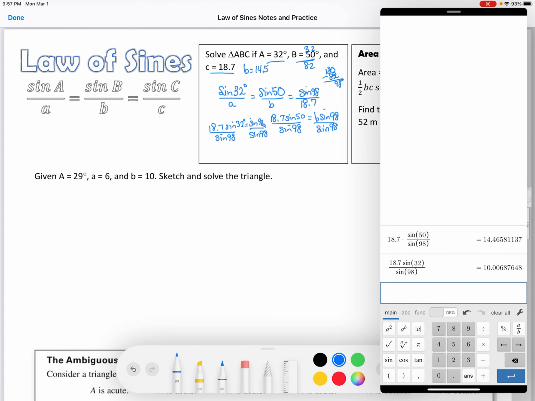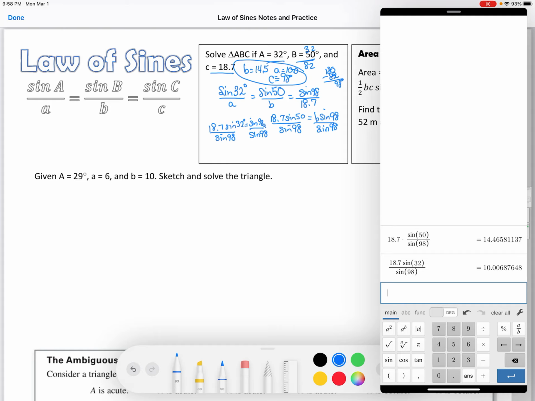And we find out that 10.0 is our side A. All right, so that works great.